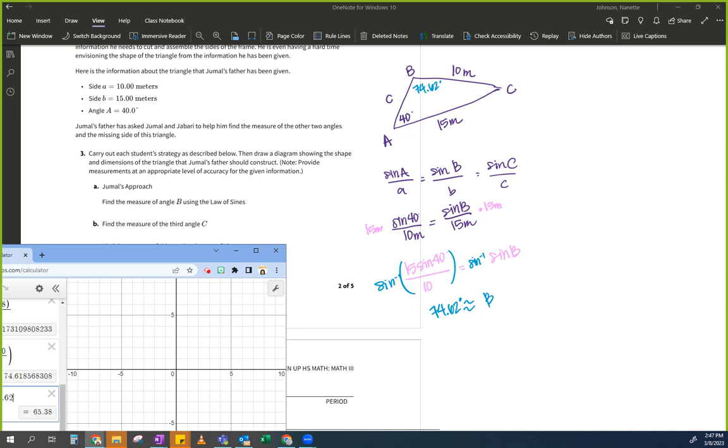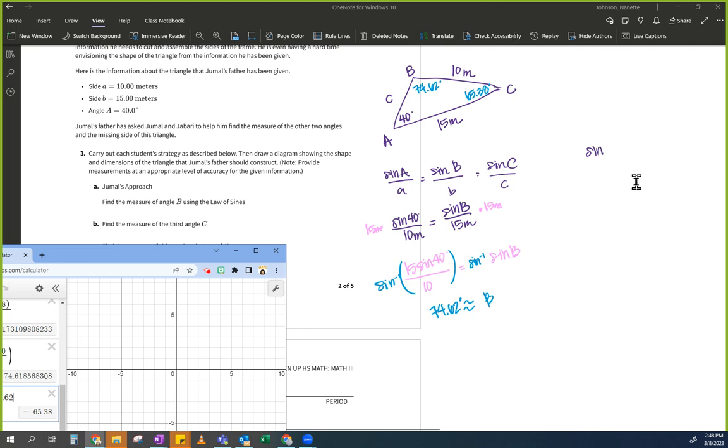So I'm going to go with sine of 40 divided by 10 equals sine of C, which in this case, C is 65.38 degrees, divided by little c. And then I'm just going to solve that equation just the same way.